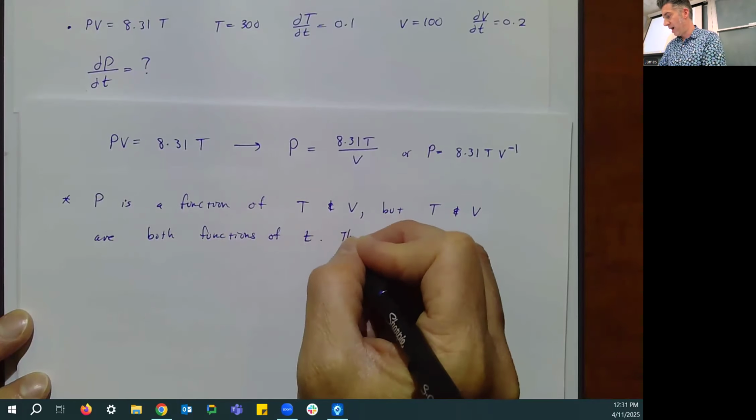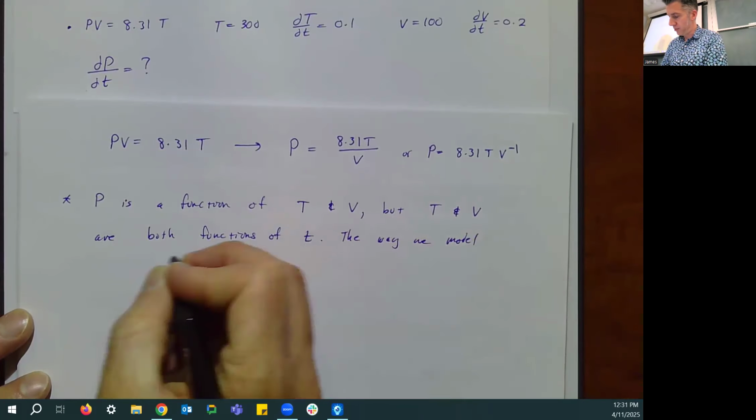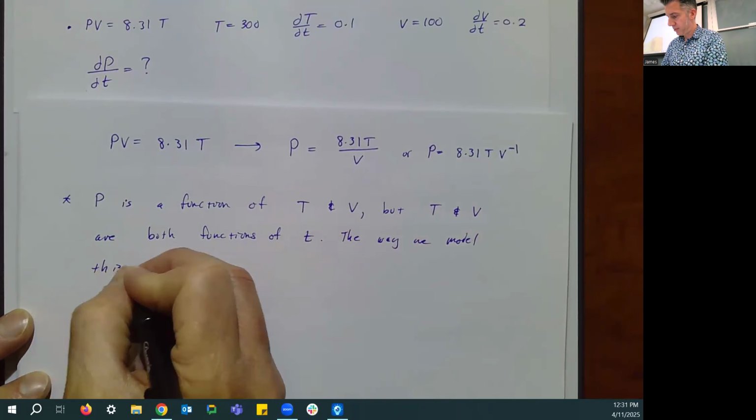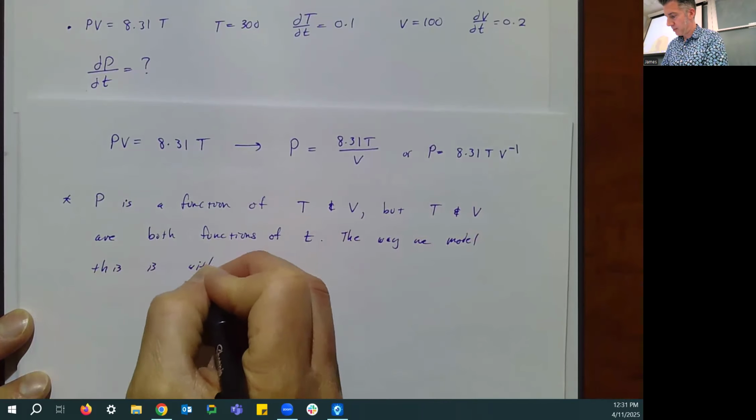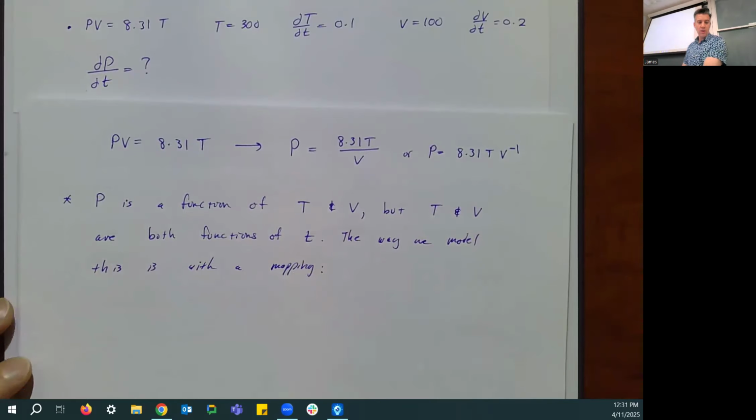The way we model this is with a mapping. The way I think about this mapping is you're starting at the top with the thing you're interested in. So we want to know how pressure is changing.